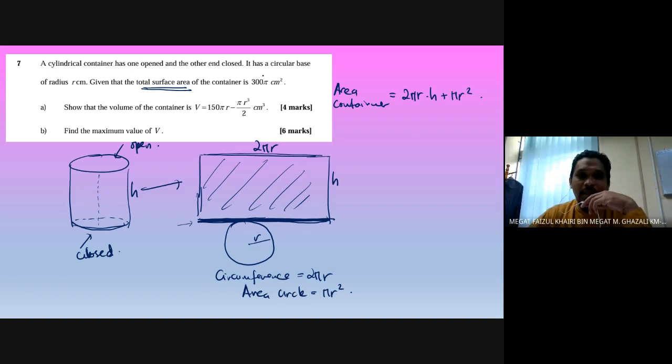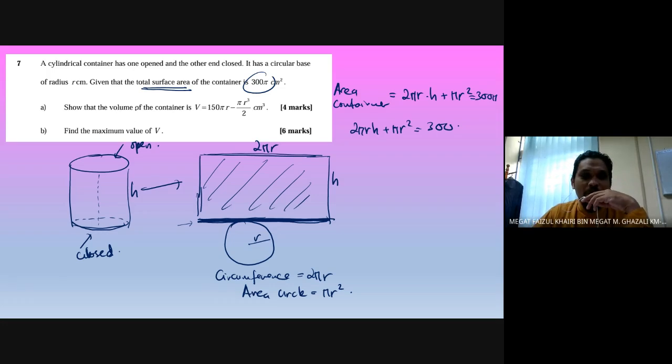And the total area is 300 pi. So 2 pi r h plus pi r square equal to 300 pi.